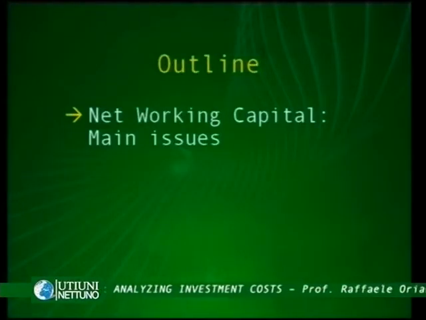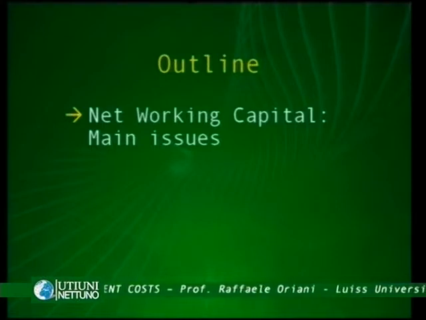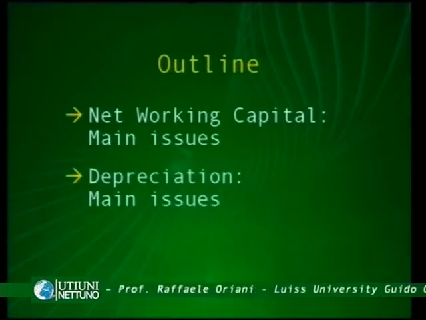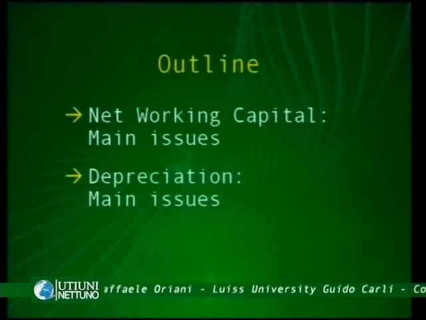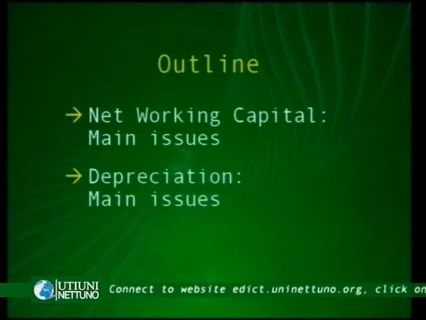Then we'll focus on net working capital, on the main issues, that is another component of the project investment costs. And then we'll give a look at depreciation that is important to understand the dynamics of the investment costs over the life of a project.